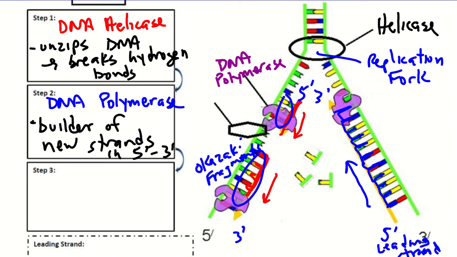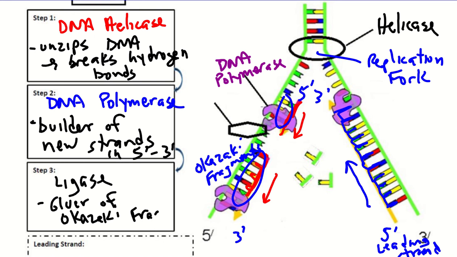And then obviously, we want to make sure that we have a continuous strand. So our last enzyme is what we call ligase. And this is the gluer of the Okazaki fragments.